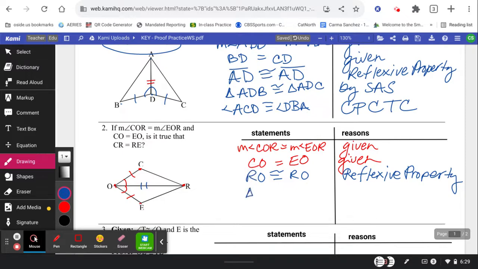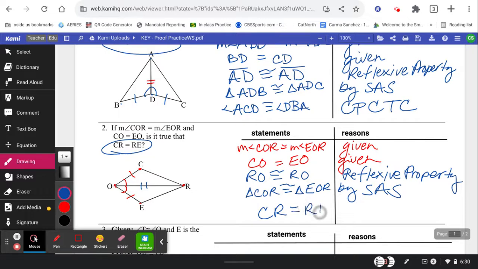So triangle COR is congruent to triangle EOR by, you got it, side, angle, side again. And so now that the triangles are congruent, I can state that all the parts are congruent. Particularly, they want to know that CR is congruent to RE by corresponding parts of congruent triangles are congruent. CPCTC.